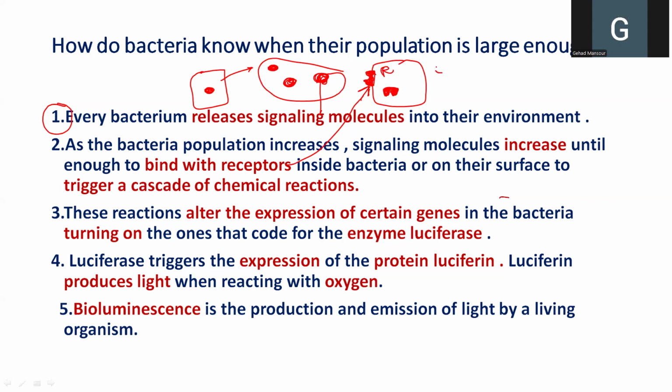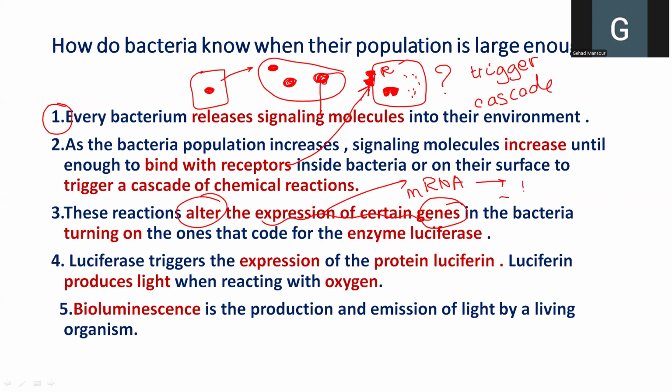So what happens after these signaling molecules bind with the receptors? They will trigger a cascade of chemical reactions inside the bacterium. These chemical reactions will affect the DNA and alter the expression of the DNA. Expression means transcription into messenger RNA and then translation into a protein.